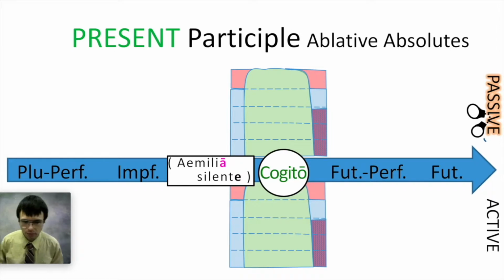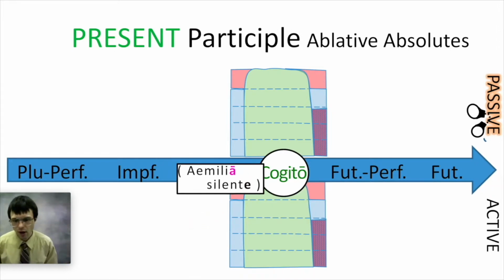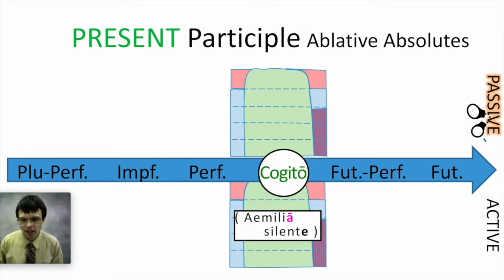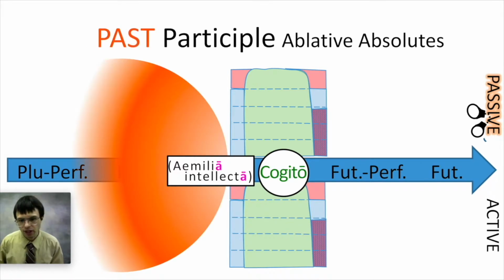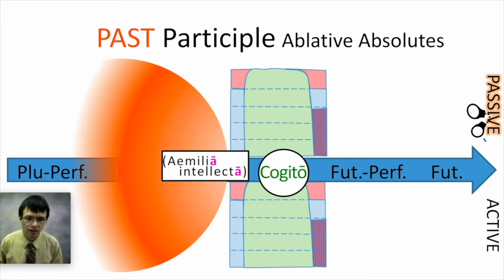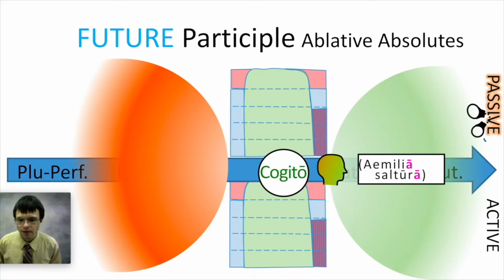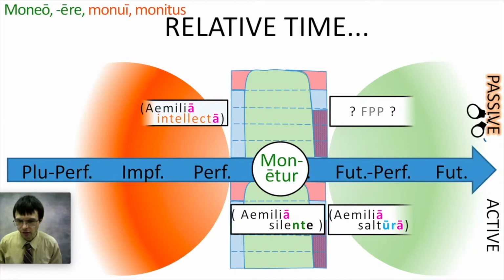So here's all your ablative absolutes that you know so far. With Amelia being silent, I think, present. With Amelia having been understood, I think, past. Now we're getting with Amelia about to jump, future. And so that's all three of them.